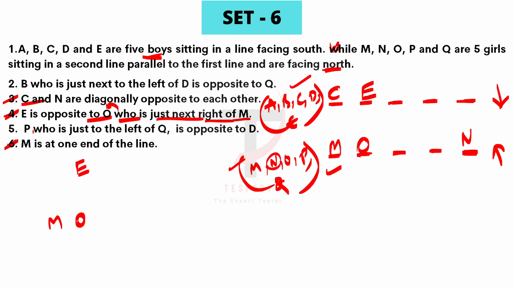statement, P, who is just to the left of Q. Okay, P is to the left of Q and is opposite to D. So where must P be? P must be here down.